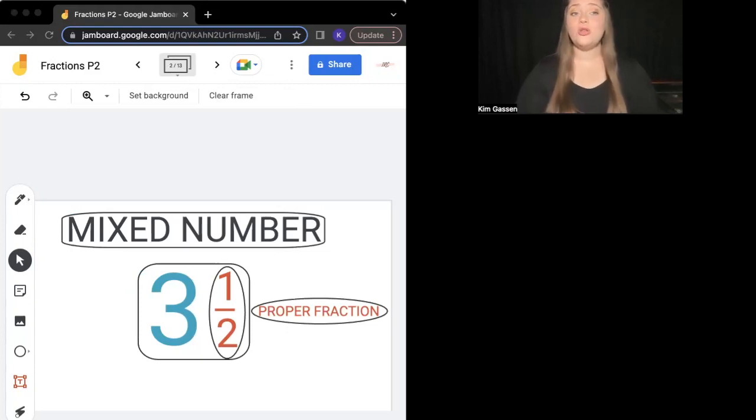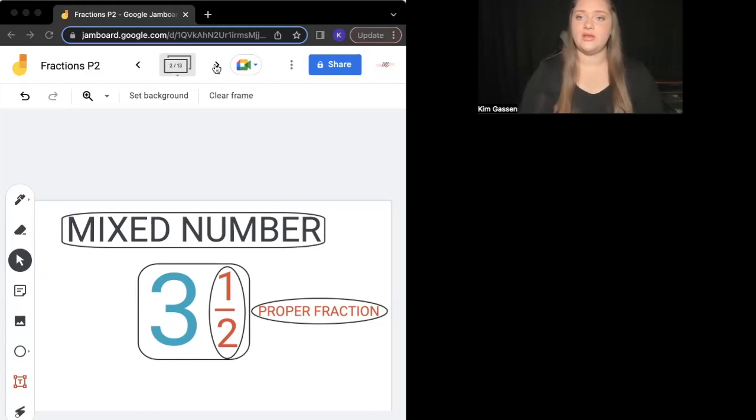When we have a whole number beside our fraction, that is a mixed number. And when we have our fraction with a small number on top and a large number on the bottom, that means that it is a proper fraction. We are going to continue with reviewing this information as well as building on it now.